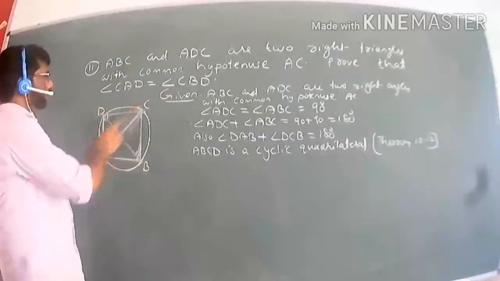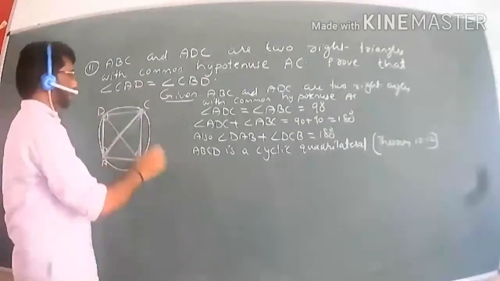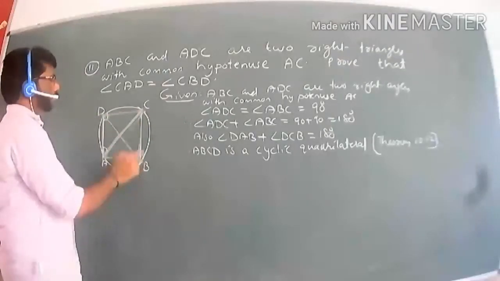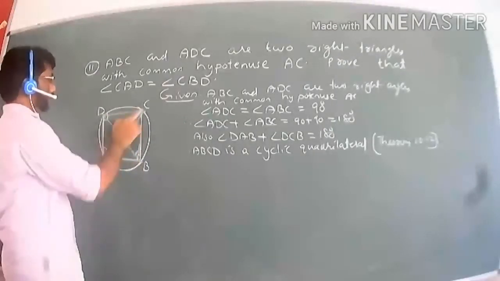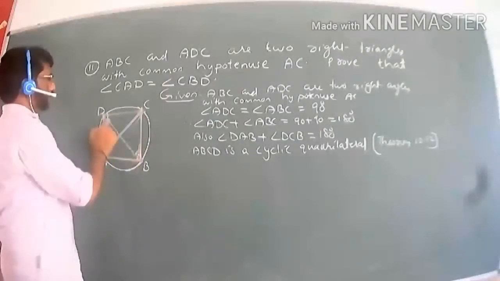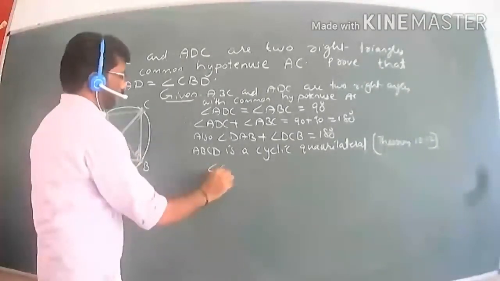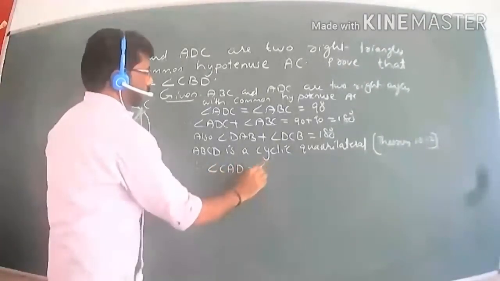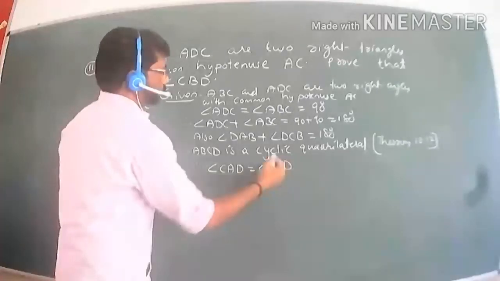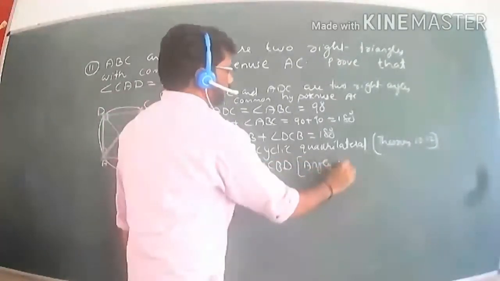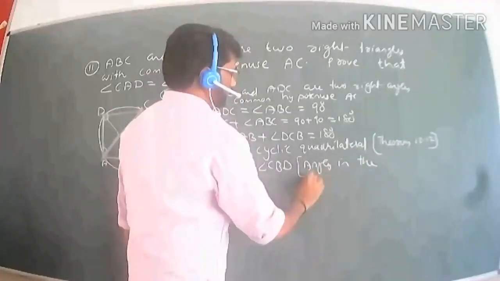Then now from this easily we can write. Now you see CAD and CBD are angles in the same segment. Therefore, angle CAD equal to angle CBD. Reason, angles in the same segment.